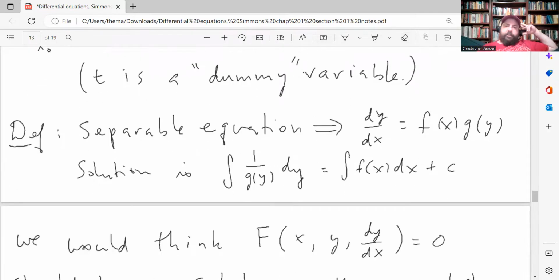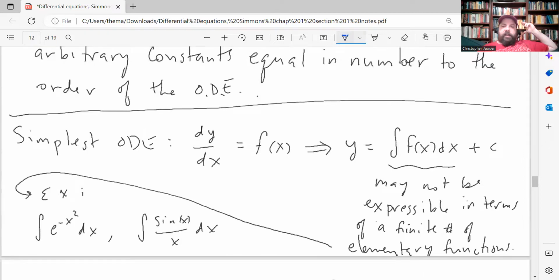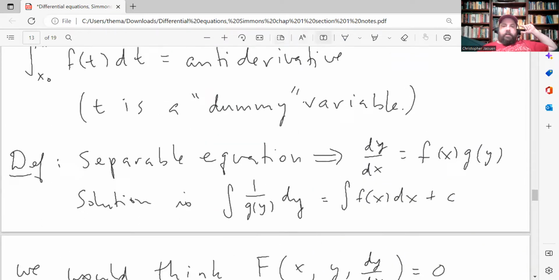Okay, here's a definition. We just talked about how this thing over here is the simplest kind of ODE that you can have, right? It's just an integral problem. The next simplest type of ODE that you can have is a separable equation, which looks something like this.